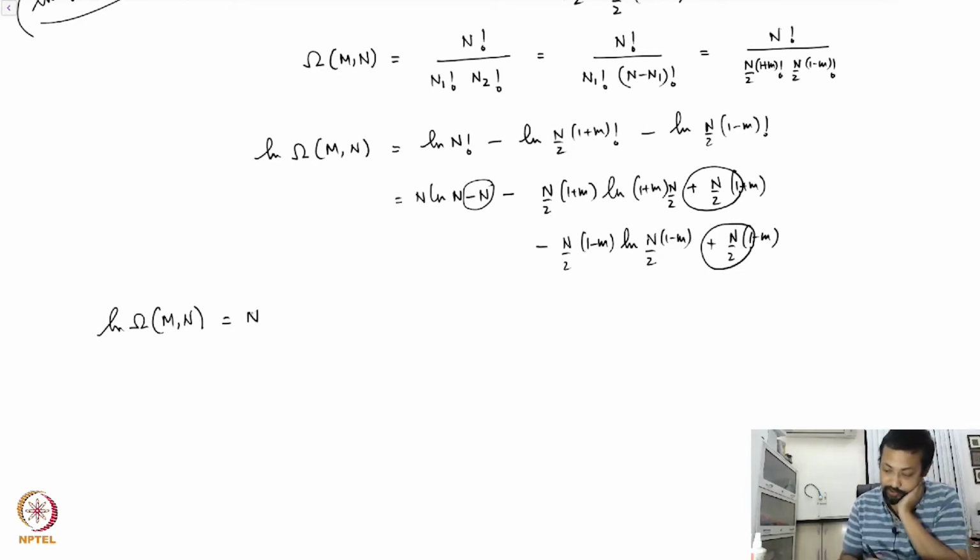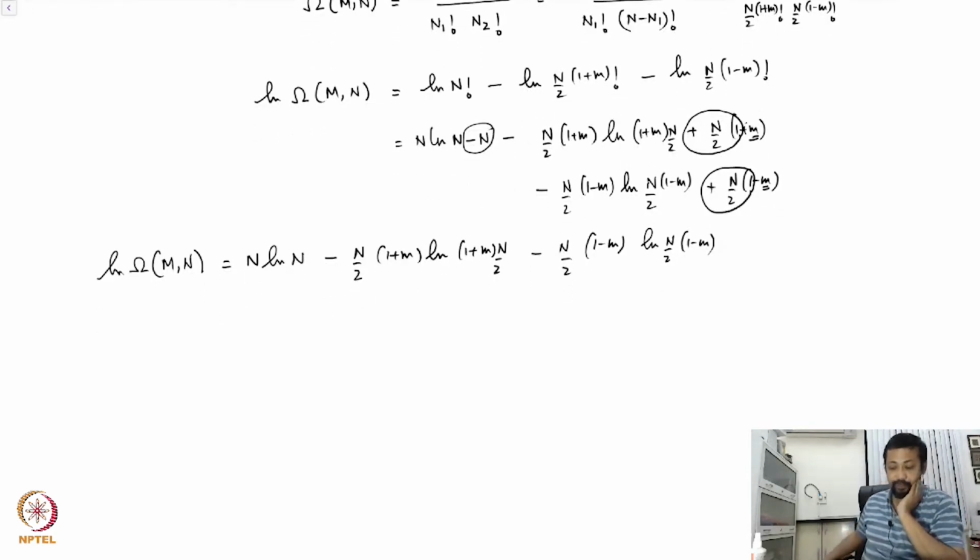And this is going to cancel out because they have opposite signs. So you are going to have n ln n, minus n by 2 into 1 plus m, ln of n by 2 into 1 plus m, minus n by 2 into 1 minus m, ln of n by 2 into 1 minus m, right?